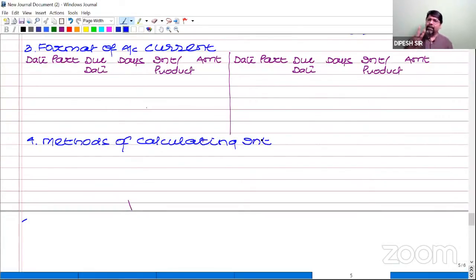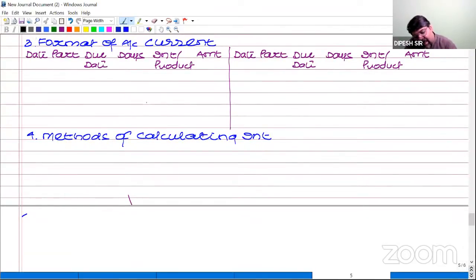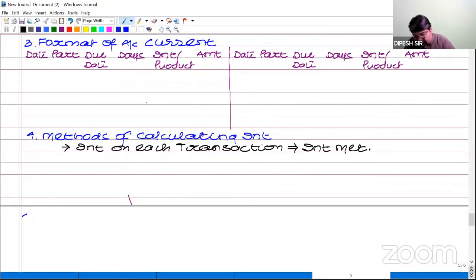There are two methods to calculate interest. One, interest on each transaction. That is the interest method.